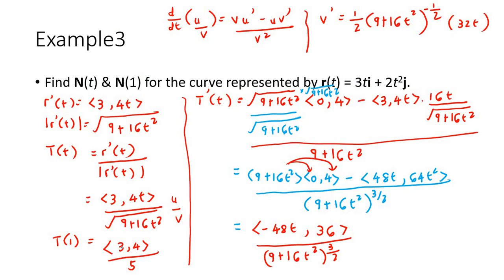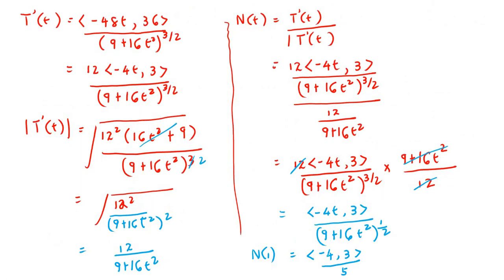So you see 3i plus 4j divided by 5, and negative 4i plus 3j divided by 5. This is the unit normal vector when t equals 1. You can see T1 and N1 are actually orthogonal. In this case, thank you for your attention.